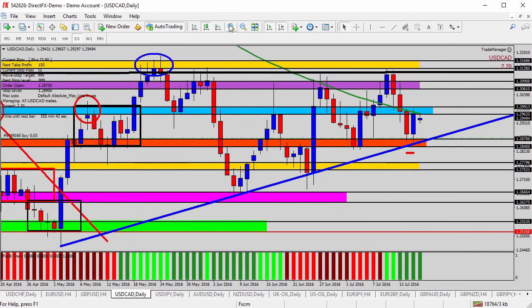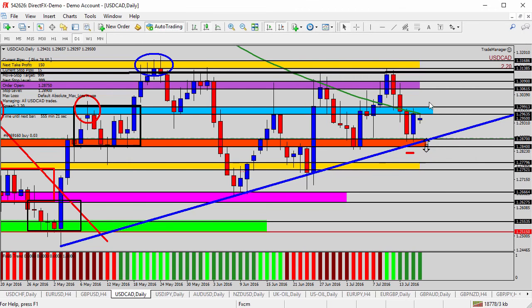Let's zoom it in a couple of times here. Of course, as I mentioned, the orange shaded area and the blue trend line are very important for support right now. Staying above that, we look for buy scenarios here for the US CAD. If it breaks underneath, we'll call it 1.2840, 1.2840 is the support right now. That's the orange zone. Then we look for a reversal to go back down.